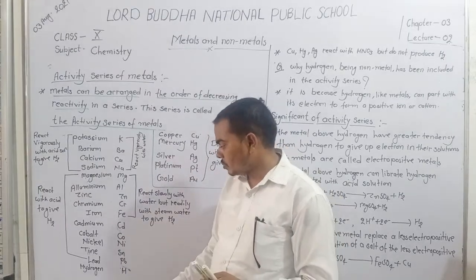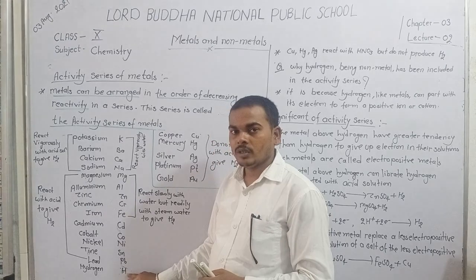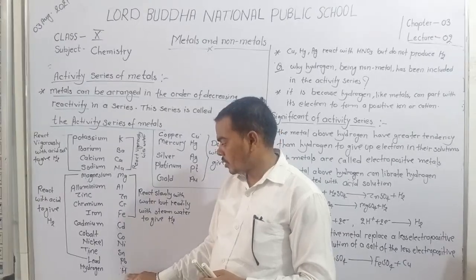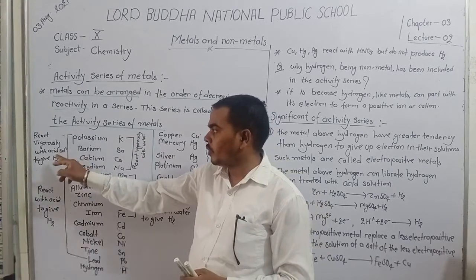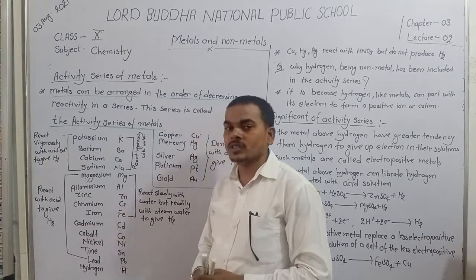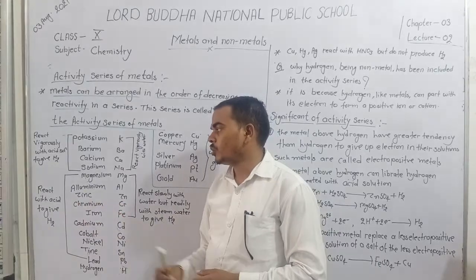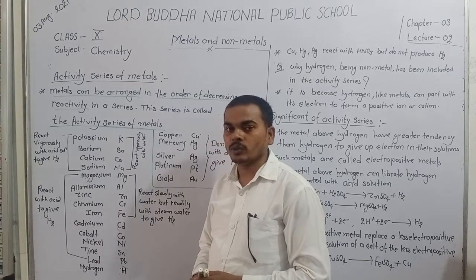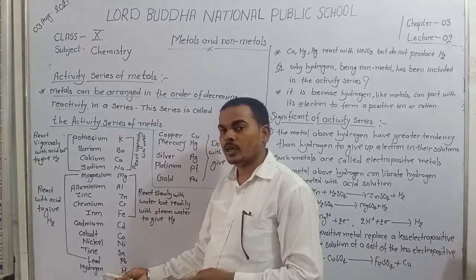Just here hydrogen is placed. So we say that the metals which react with acid to give hydrogen gas are placed above the hydrogen.